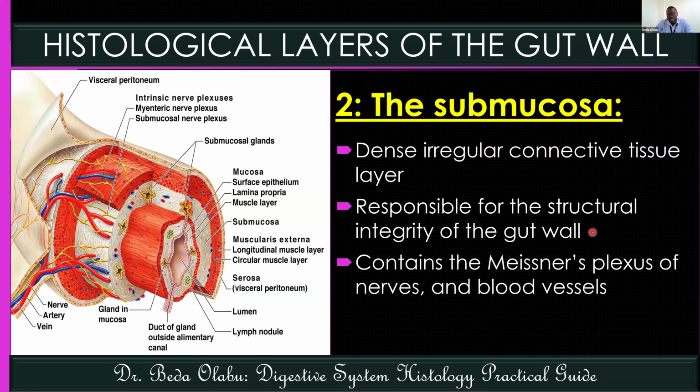The Meissner's plexus of nerves are a component of the enteric nervous system found within the submucosa. So you can also call it the submucosal nerve plexus. These plexuses are responsible for the secretory functions of the digestive system.